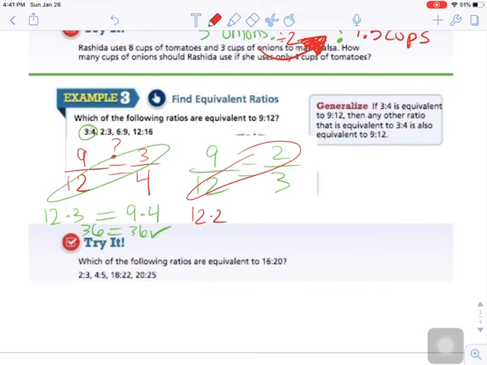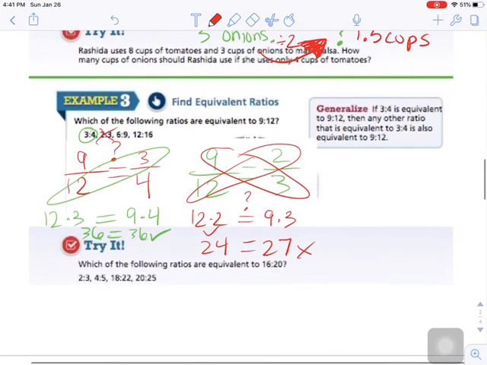We have 12 times 2. Is this equal to 3 times 9? So we know 12 times 2 is 24. And we know that 9 times 3 is 27. So these are not equivalent. So 2 to 3 is not an equivalent ratio. 6 to 9.